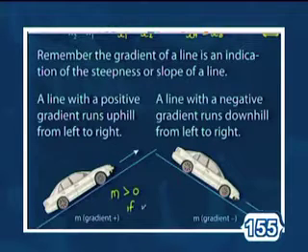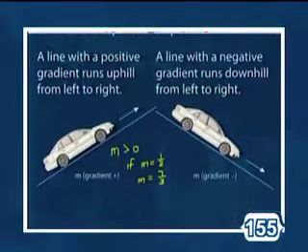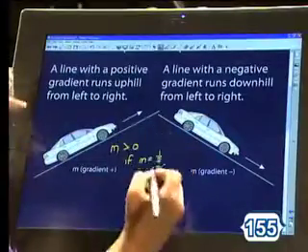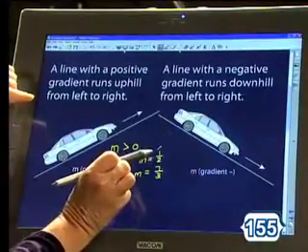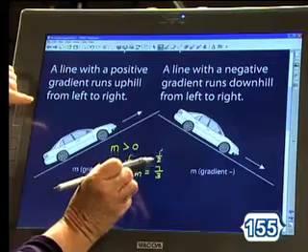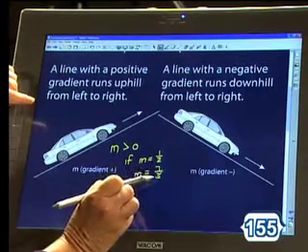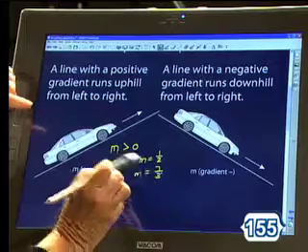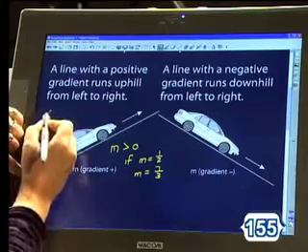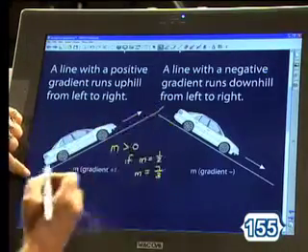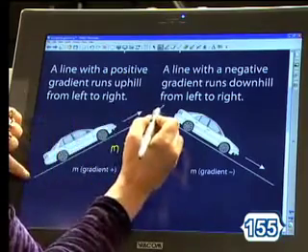For example, if I tell you that my gradient is a half, or I tell you that my gradient is 7 over 3, as long as this fraction is positive. This means for every 1 that I go up, I have to move 2 across. For every 7 that I go up, I have to move 3 across. So move up 1, 2 across. Move up 7, 3 across.